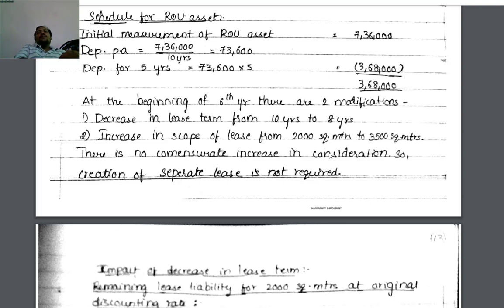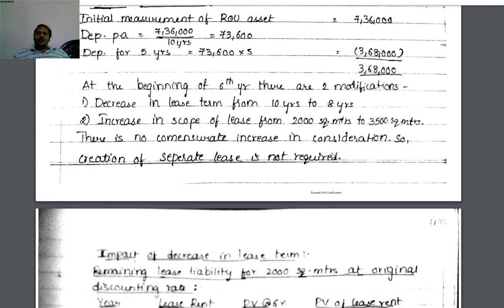Originally it is for 10 years, that is remaining 5 years are there. Now it is for 8 years only, remaining 3 years are there. So only with that change we'll calculate the lease liability. With original lease rent and original discounting rate, the change is only remaining 3 years, not 5 years.